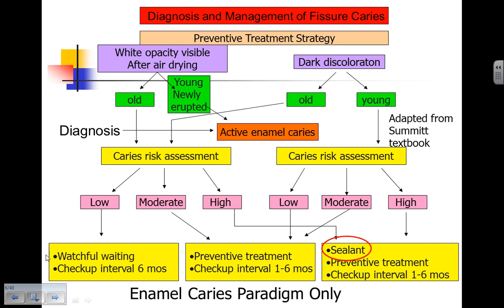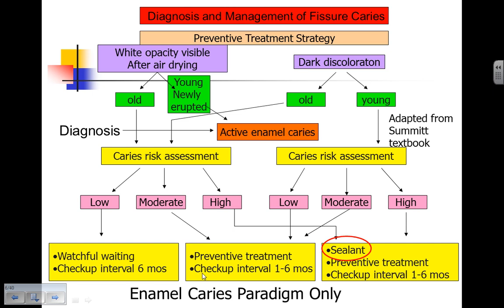In low caries risk, we're doing our active surveillance, our watchful waiting with routine checkups for this younger patient at every 6 months. As the risk becomes moderate, we're doing some levels of preventive treatment using fluorides, oral hygiene instruction, fluoride rinses. We may be using fluoride varnishes.